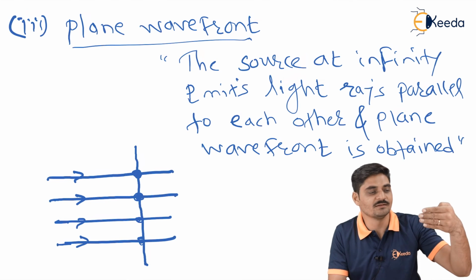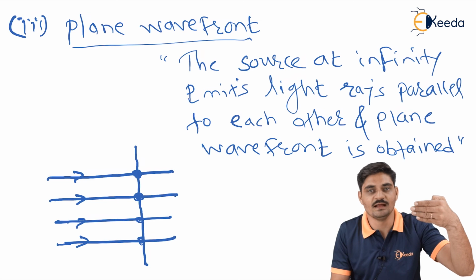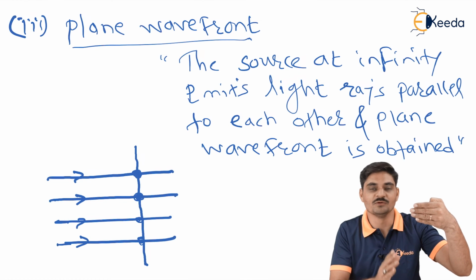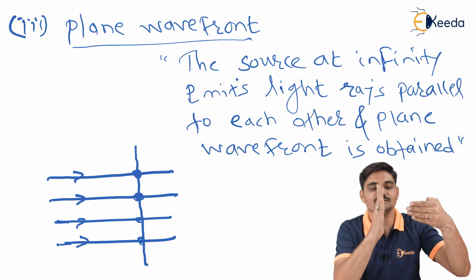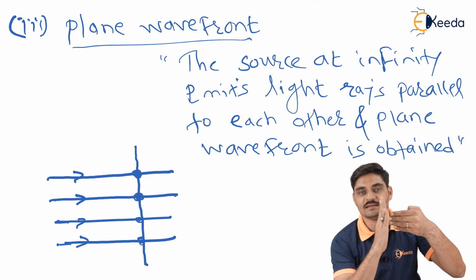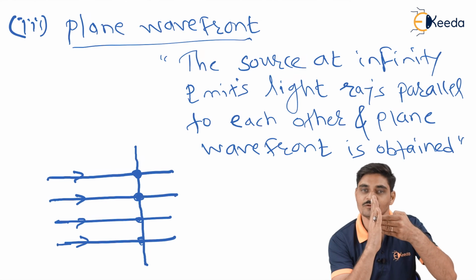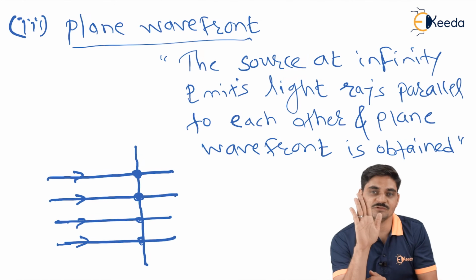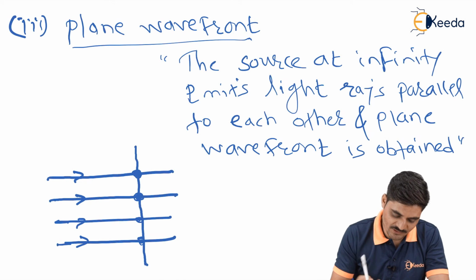So if light rays are like this, parallel to each other, and we mark the points where light reaches simultaneously, then one plane is obtained as a wavefront.